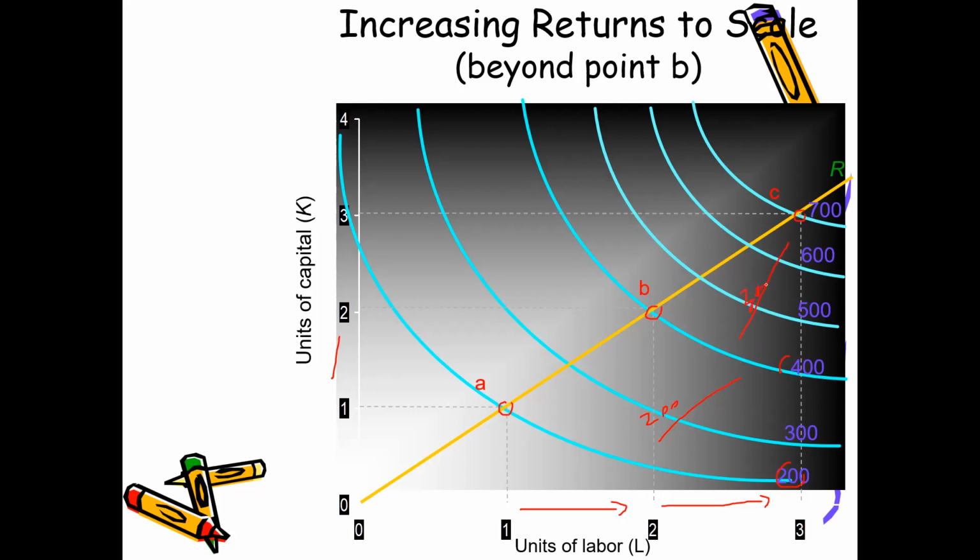Previously it was 200; again, input doubles, and output increases by more than that. That is increasing returns to scale. Using an isoquant map, you can demonstrate and show increasing returns to scale. Here 200, then 300, maybe next time 400, like that.